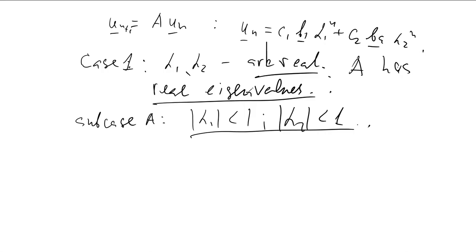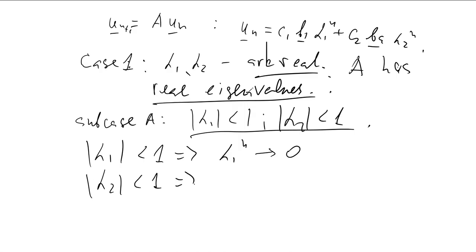So in this case, if lambda 1 by absolute value is less than 1, then lambda 1 to the power of n tends to 0. Lambda 2 by absolute value less than 1 means lambda 2 to the power of n tends to 0, and therefore un tends to 0 vector.